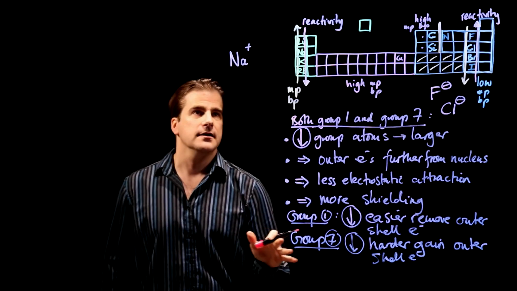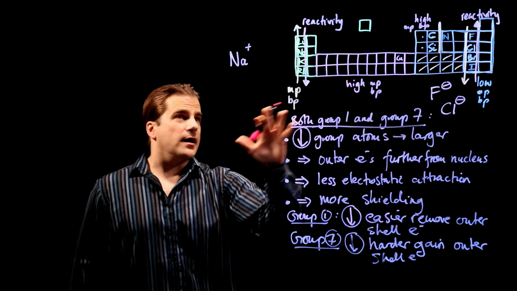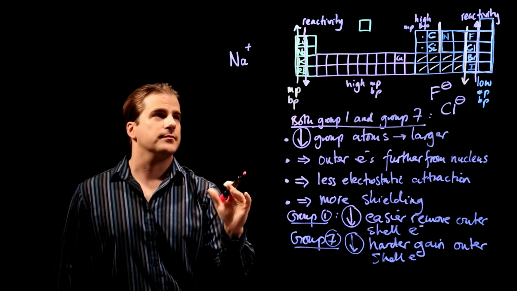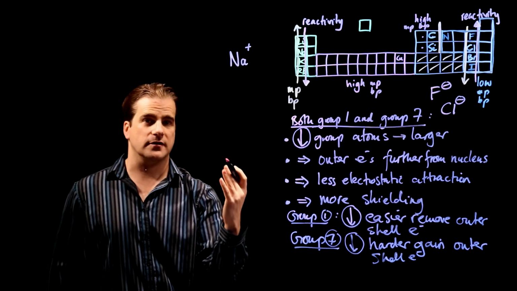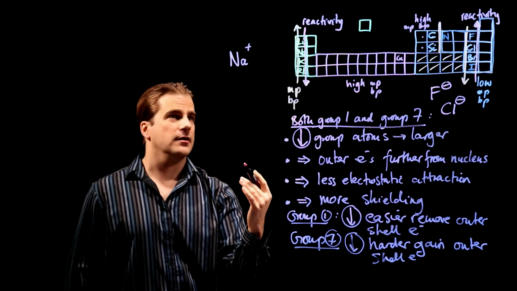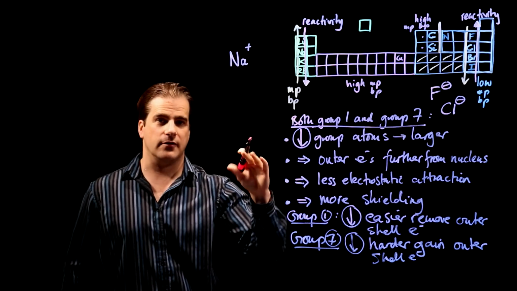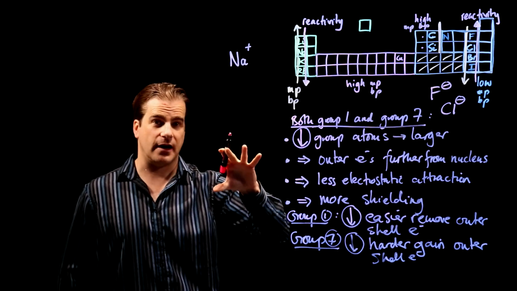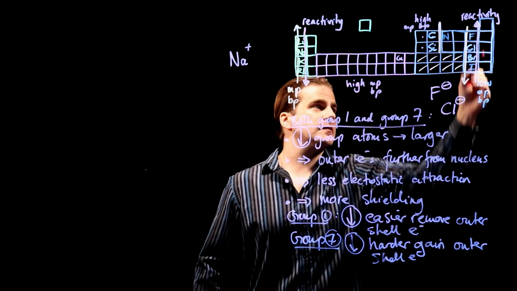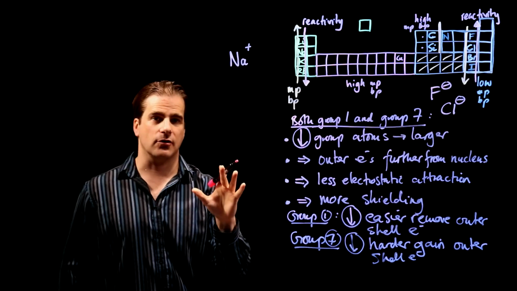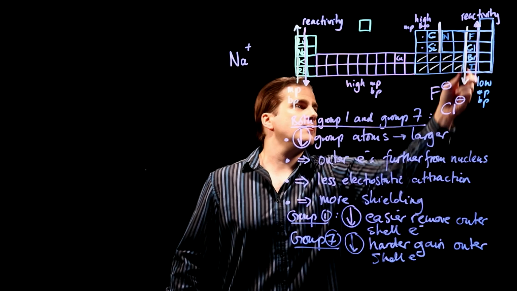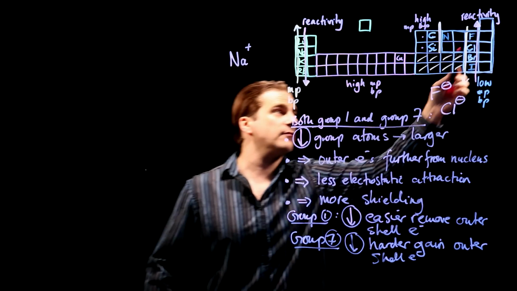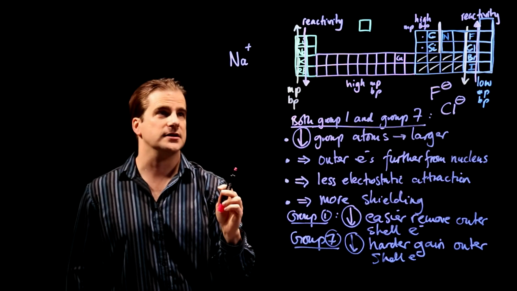And incidentally, this is why Group 1 and Group 7 go so well together. Group 1 really want to lose one electron, so they have a full outer shell. The next shell down, what's left, is now full. It has the so-called noble gas electronic configuration. And the same with the halogens. The reason they want to gain one electron is so they have the noble gas electronic configuration.